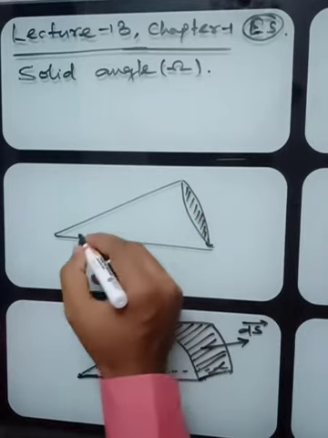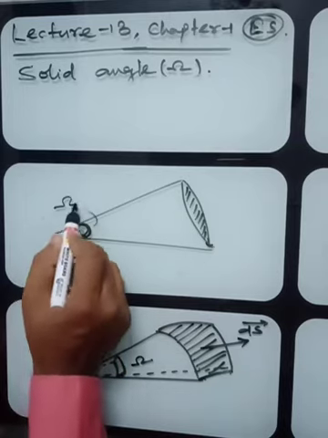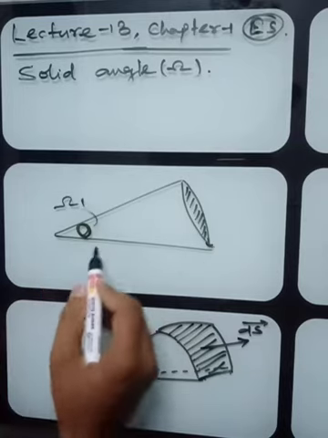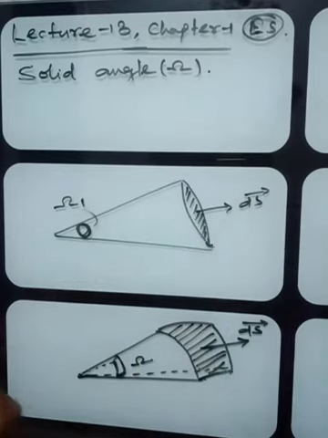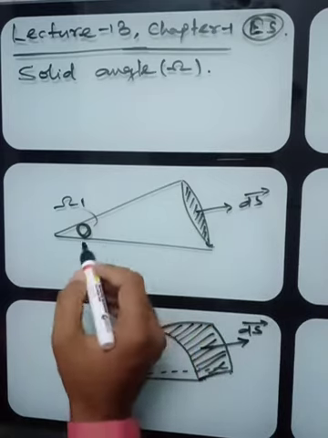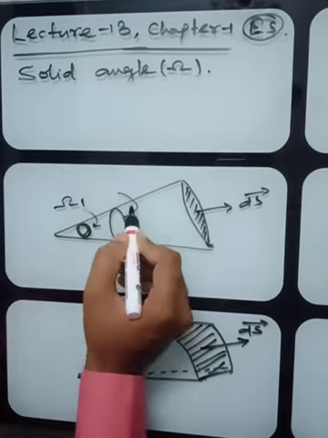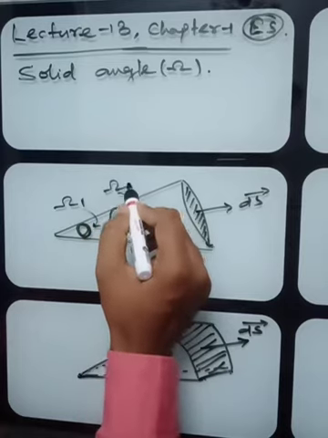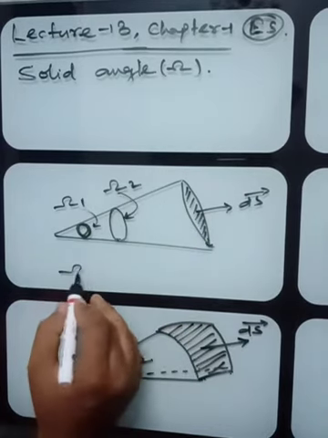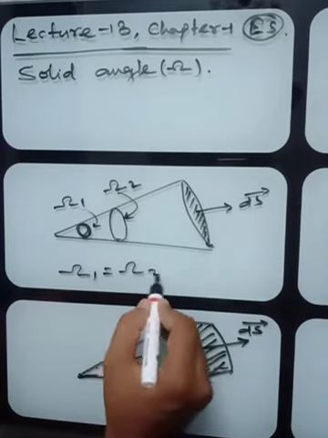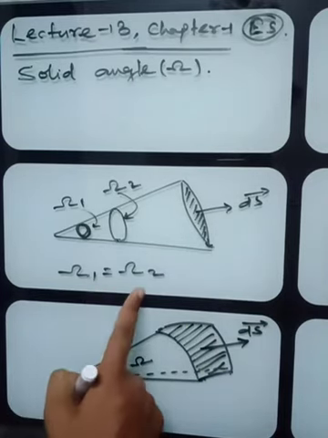For this solid angle, omega 1 or ohm 1, the area is ds, the surface area vector. For this solid angle, omega or ohm 2, the area is similar. Remember, ohm 1 and ohm 2 are both equal, not different. The value will be the same.